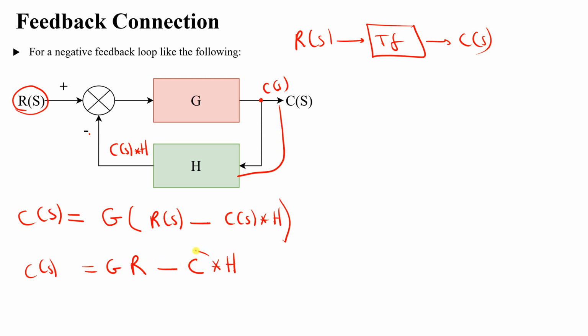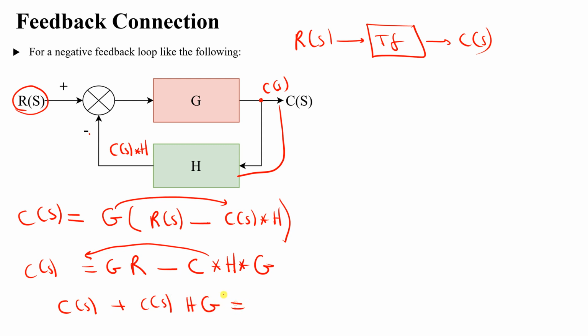Now take this to the other side. If we take this to the other side, we have also here G, because G is multiplied by C of S H. So it will be C of S H and G. So if we take this to the other side, we will have C of S plus C of S multiplied by HG equal to G multiplied by R. Now let's take C of S as a common factor.